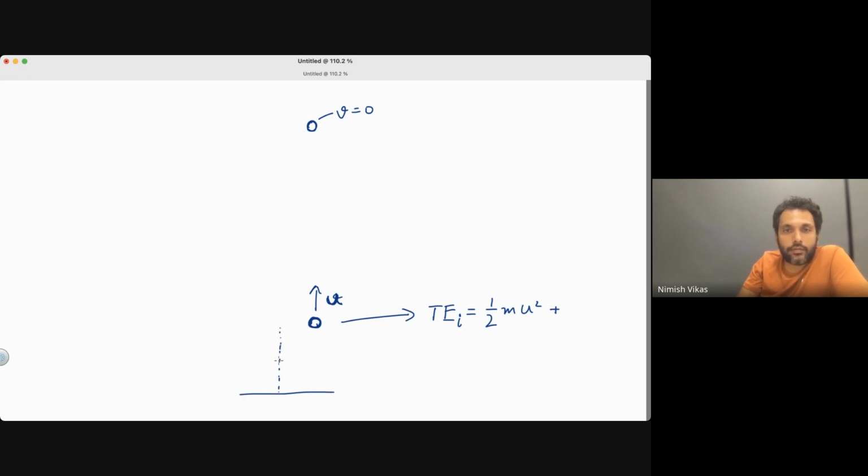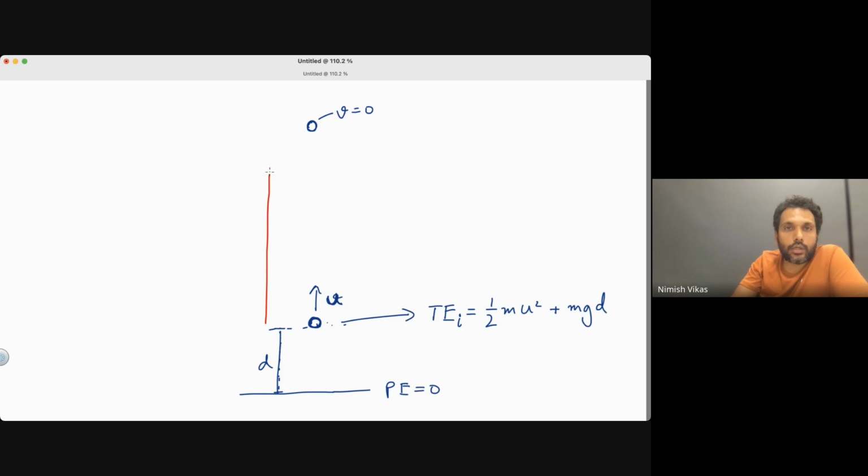I can take a reference point some d distance below it. Uselessly, I could have taken the reference point over here also. Suppose I take that. So the potential energy over there is mgd above the reference point. If we say potential energy is equal to 0 over here, then the potential energy is mgd.